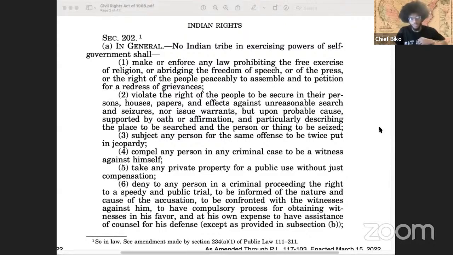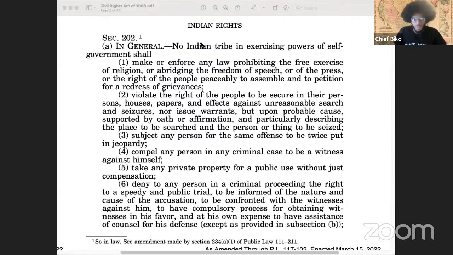But this is definitely important in regards to, if they are supposed to be self-governing, they now have to make sure that they don't go against their parent government, which will be this United States government. So again, it's highlighted here.